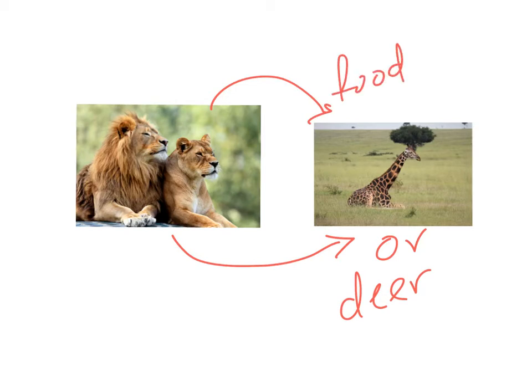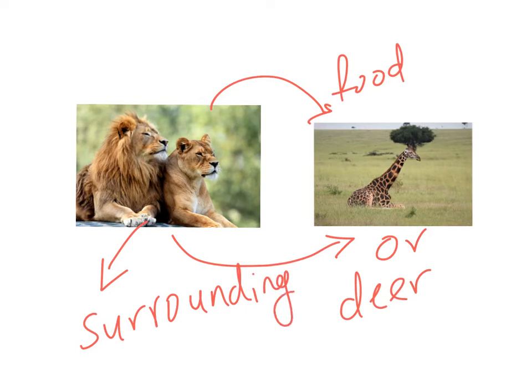All living things need air. Where do they get air from? They get air from the environment, from their surroundings. They need water. And where do they get water from? Again, from surroundings.